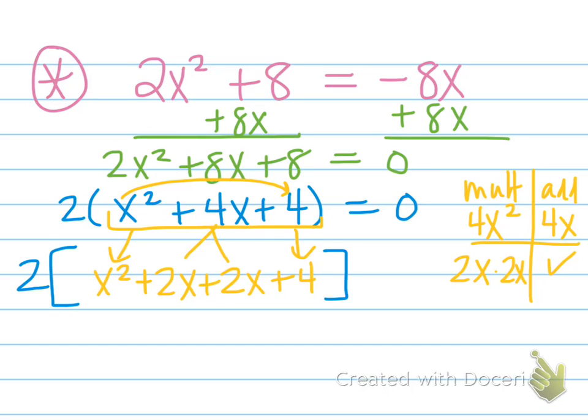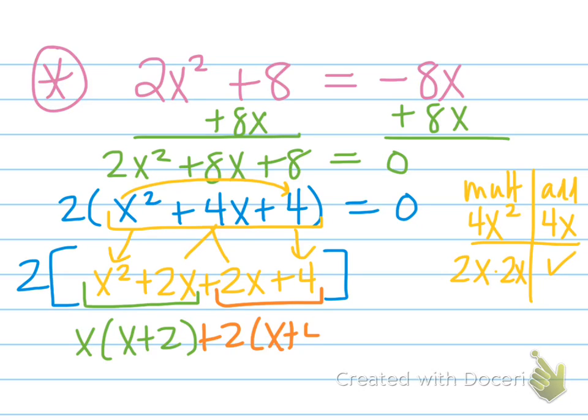So now I'm going to go into these parentheses and factor by grouping. Here I have a GCF of x, and here I have a GCF of 2. And the GCF follows us.